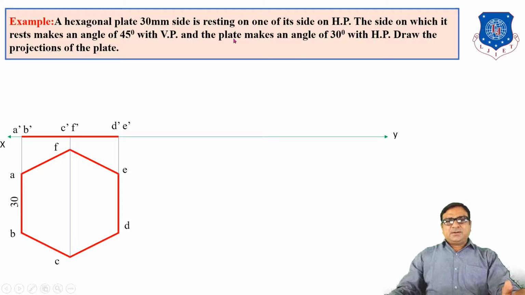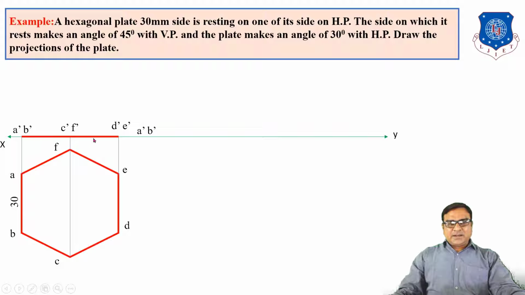So here in the data we have been given that the plate makes an angle of 30 degrees. Plate makes an angle means the surface of the plate is inclined 30 degrees and one of its sides is in HP. So which side is in HP? We want side AB in HP. So first you put A dash B dash anywhere here and draw one line.